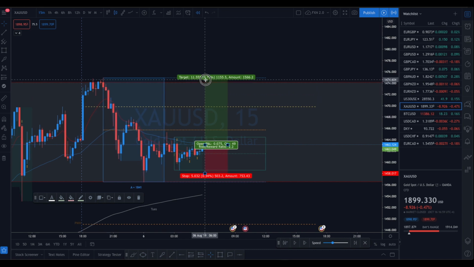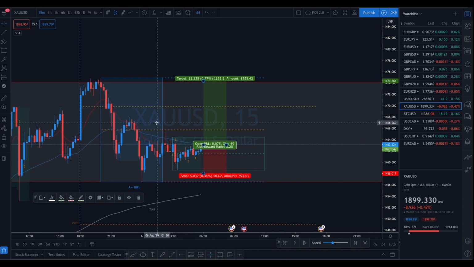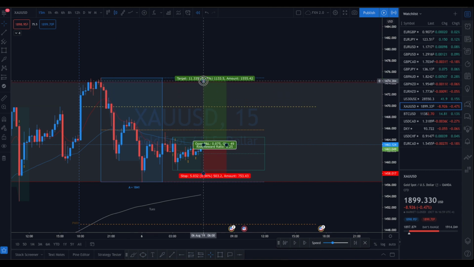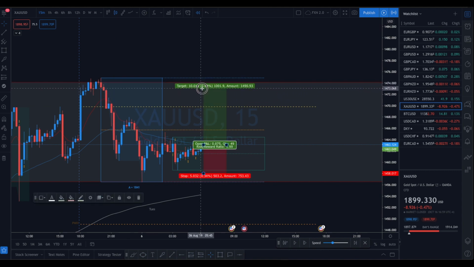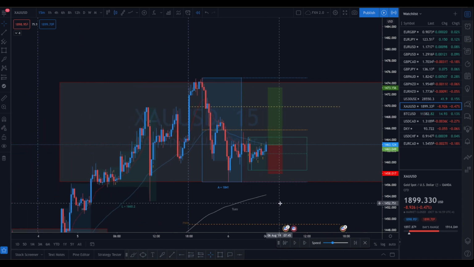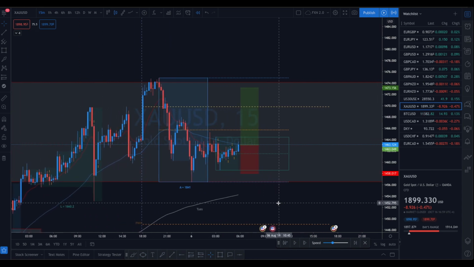I'm just trying to get to the top of the Asian range. I'm not trying to do anything crazy. I'm literally just trying to get to the top of the range to get a 2-to-1, and really 2-to-1 is more like maybe right around here. So 2-to-1 risk to reward is what I'm trying to get from this trade setup.